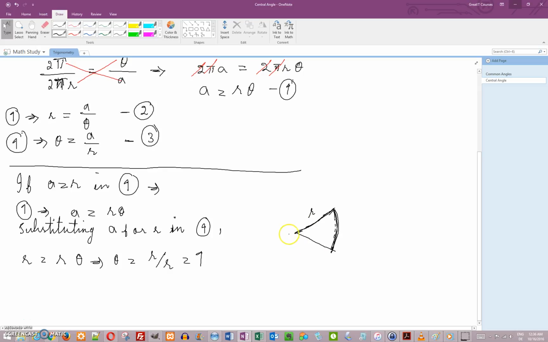If this is r, this is the center of the circle, and this is again r, and this is A, and A is equal to r, then this angle theta is 1 radian.